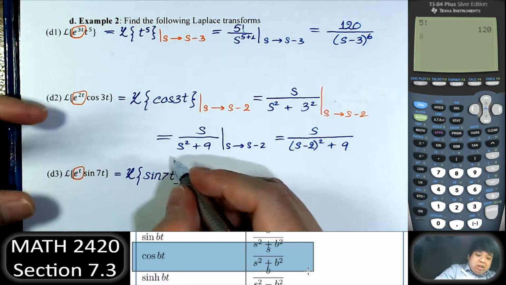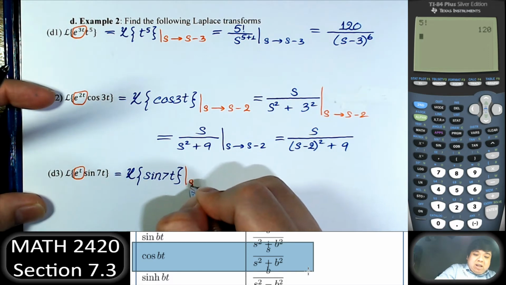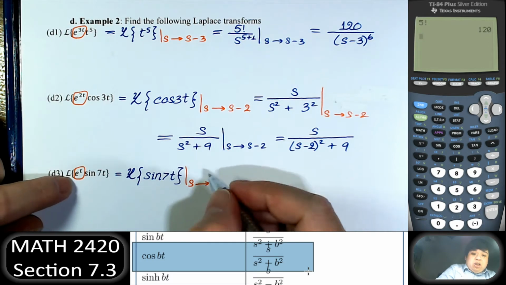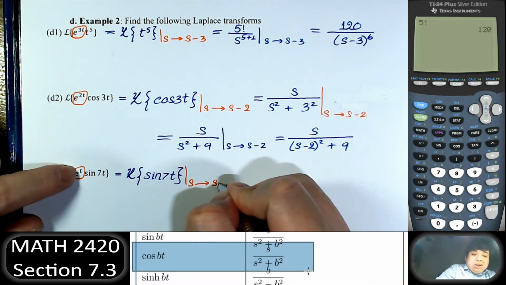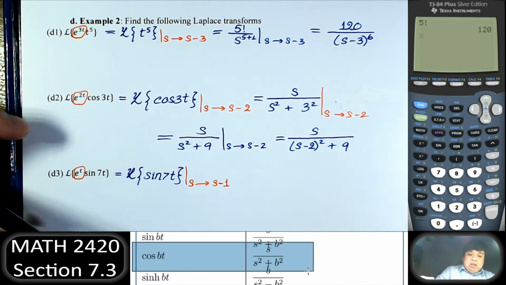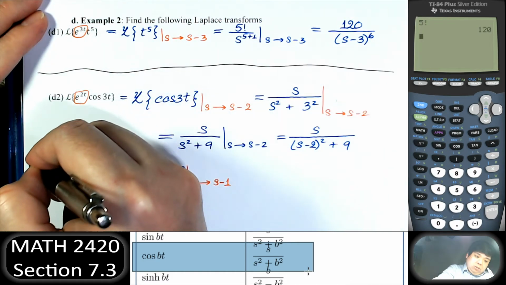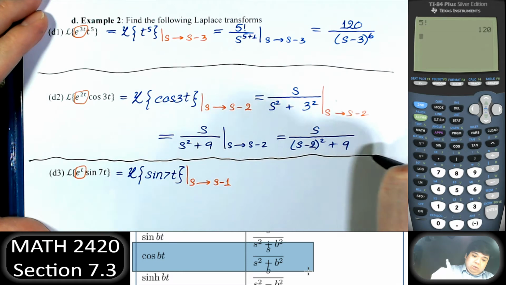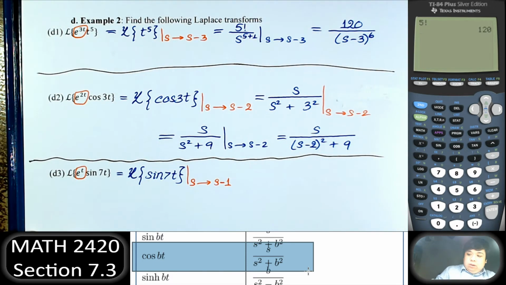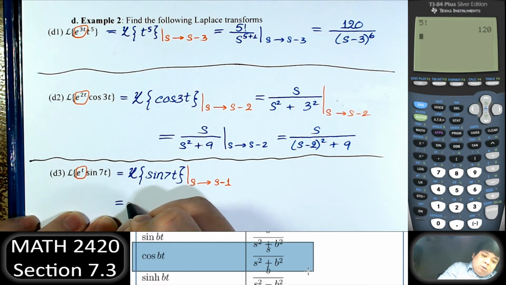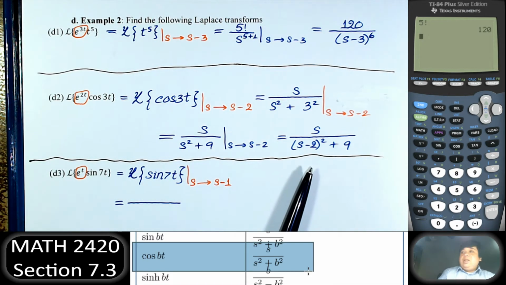Once we're done with the transform, when we have the function of s, replace s by s minus the coefficient on the exponent, which is 1t, so s to s minus 1. So now the transform of sine of 7t will be right above it.